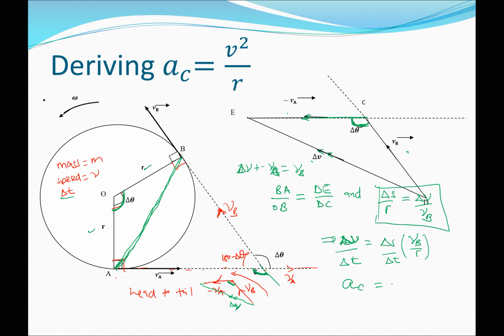And you also remember from the previous part, the arc length over time, or the distance over time, is actually linear speed.